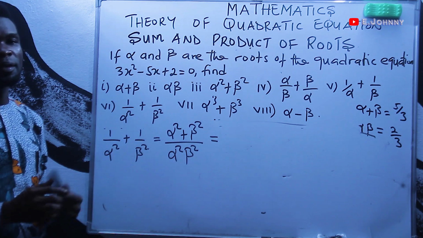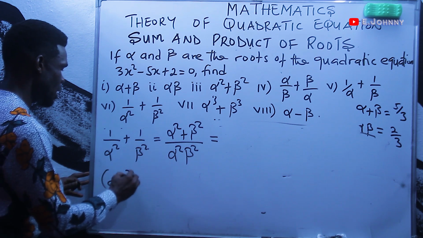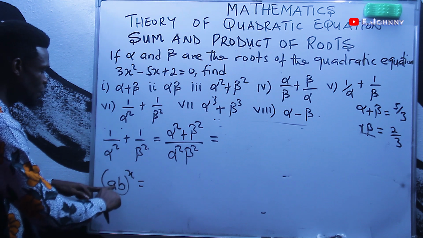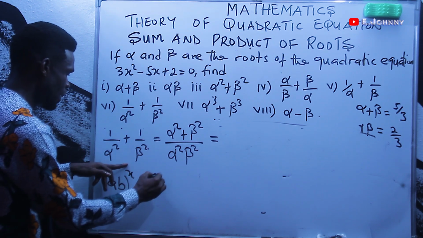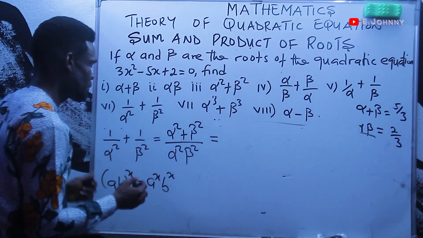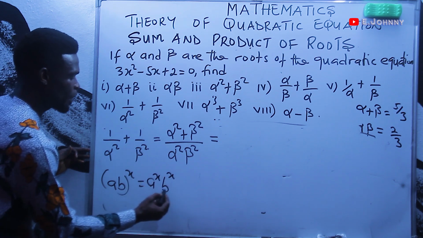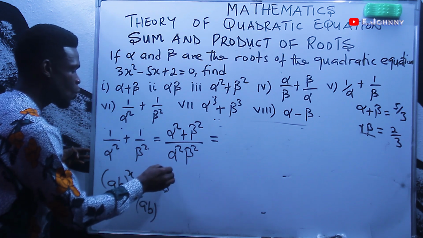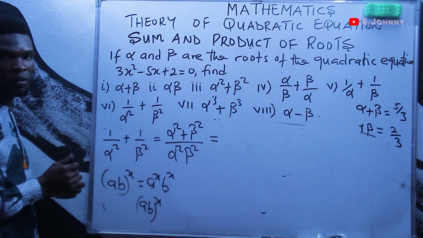Now from indices we say that if we have AB raised to power x, when this power x comes into the bracket, it will affect both the power of A and the power of B. So you have A raised to power x and B raised to power x. Which means that if the powers are the same, all I have to do is multiply the bases, that is A times B, which is AB, raised to power x of the indices, and to turn back to this.